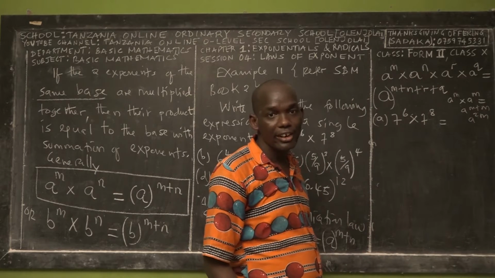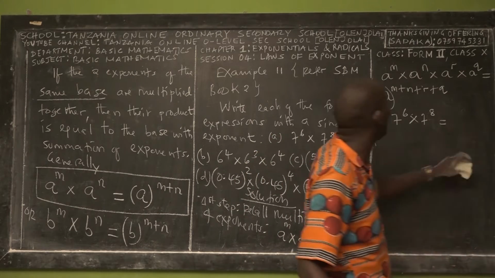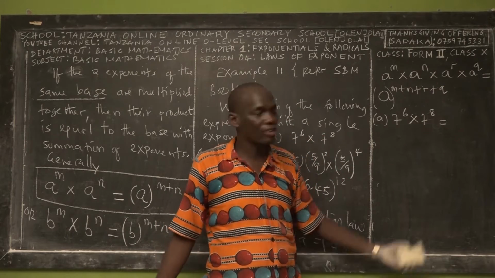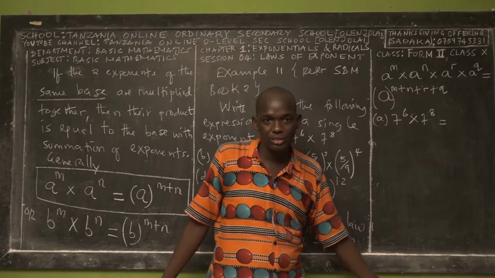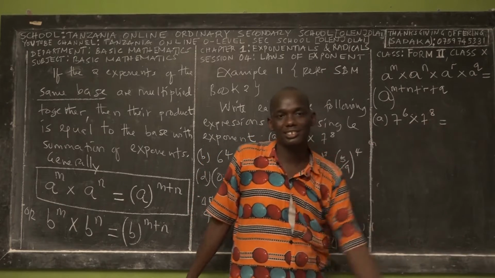Right? Yes. So don't worry in case they have, for example, 7 power 6 times 7 power 6. Don't worry because the exponents are the same value. The answer will be 7 power 6 plus 6.